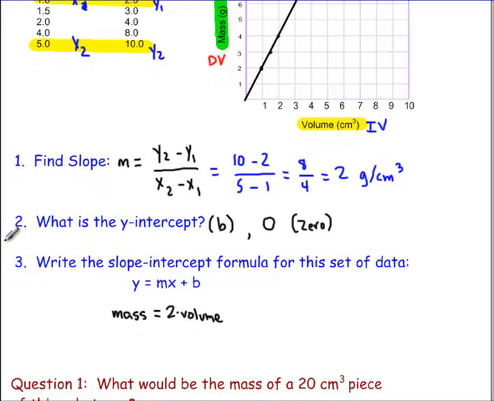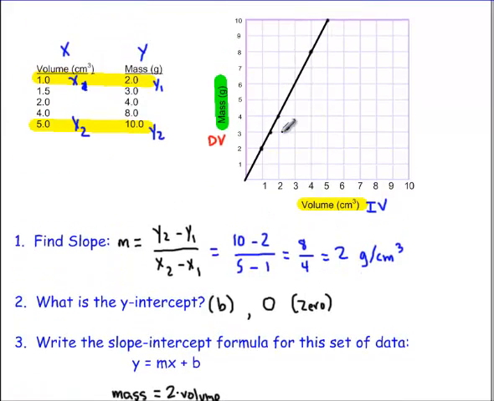So what we get should be a formula that looks kind of familiar: the mass of a substance is found by taking the density times the volume. If you want to abbreviate these in your notes, you can. I'm just going to leave them written out so we can understand this. So we've taken a set of data, we've plotted it, and we found the relationship. We found that there's a linear relationship between volume and mass.